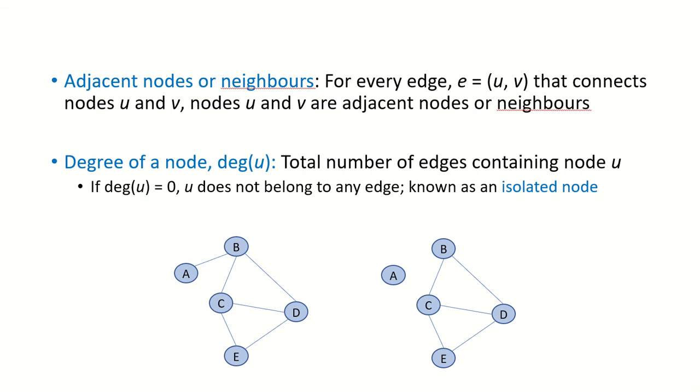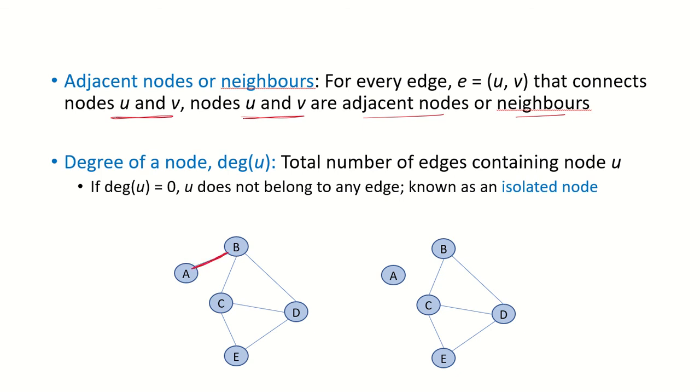Any edge which is connecting nodes u and v. Suppose there are two nodes u and v which are connected by an edge, then we say that nodes u and v are adjacent nodes, or they are also referred to as neighbors. Here we can see that A and B are connected with an edge.